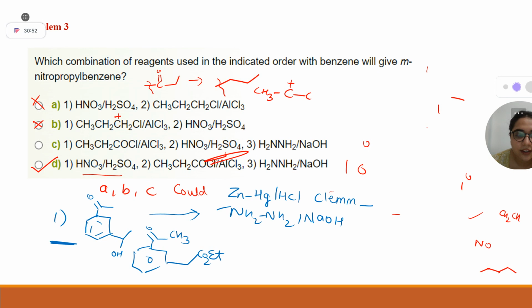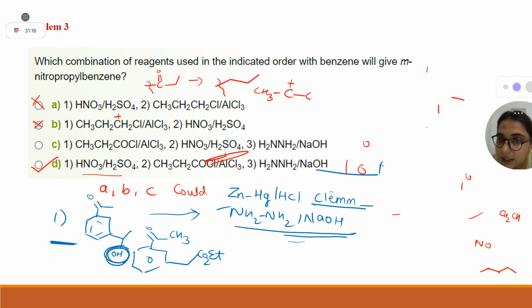Okay, leave it. What I want to convey is that if you have any acid sensitive group attached to your benzene ring, then you can't use Clemmensen reduction because it will bring changes in other groups also, right? So for that condition you have to use the hydrazine hydrate condition. This is a basic condition, and that reduction is an acidic condition.